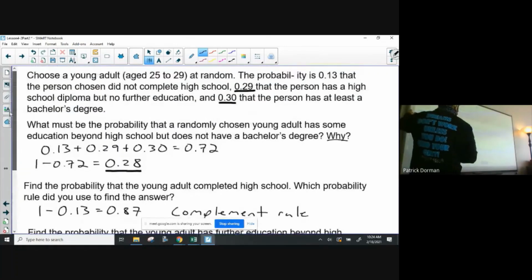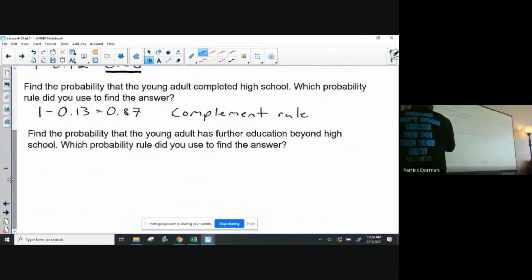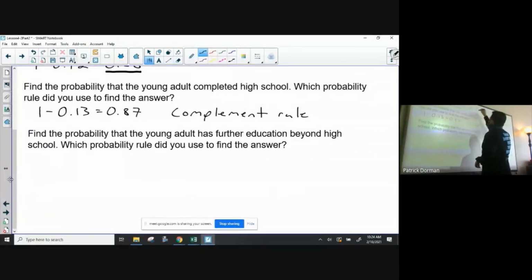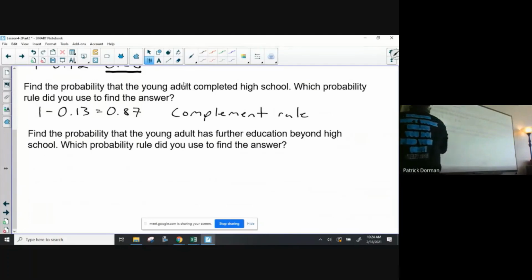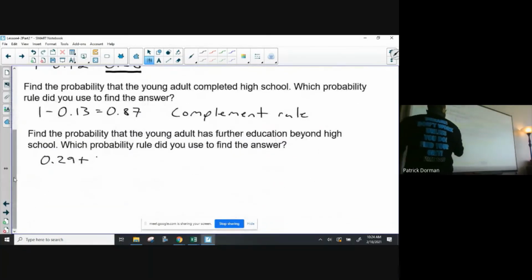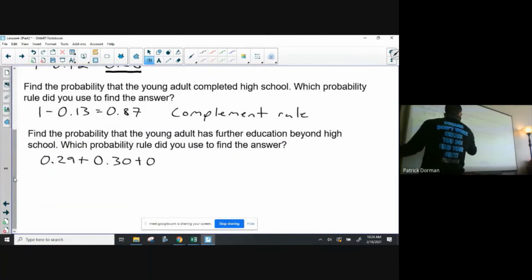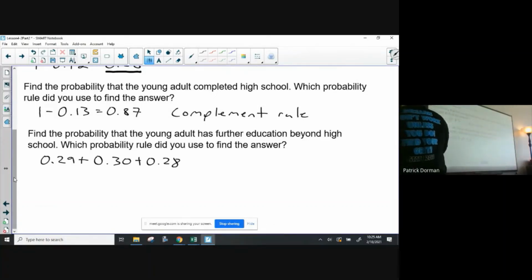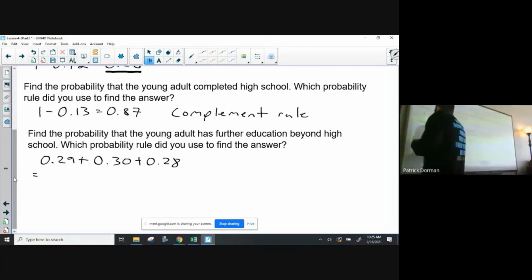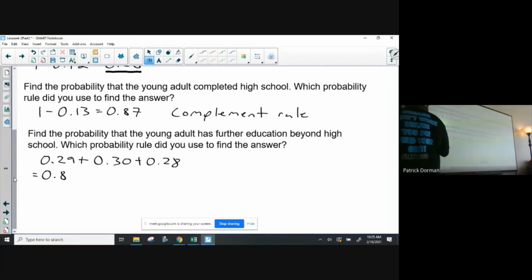So that's 0.29 plus 0.30 plus 0.28 equals 0.87.